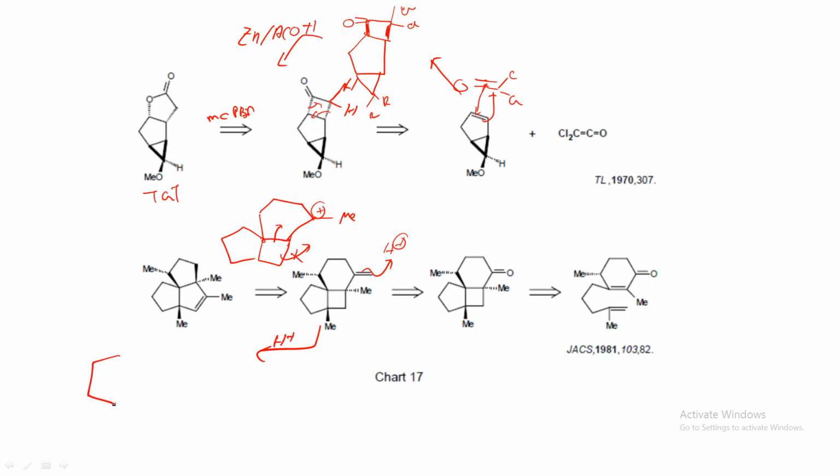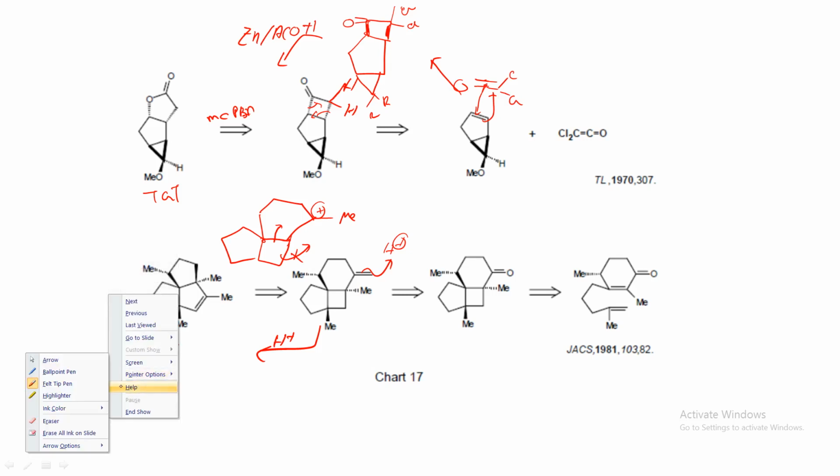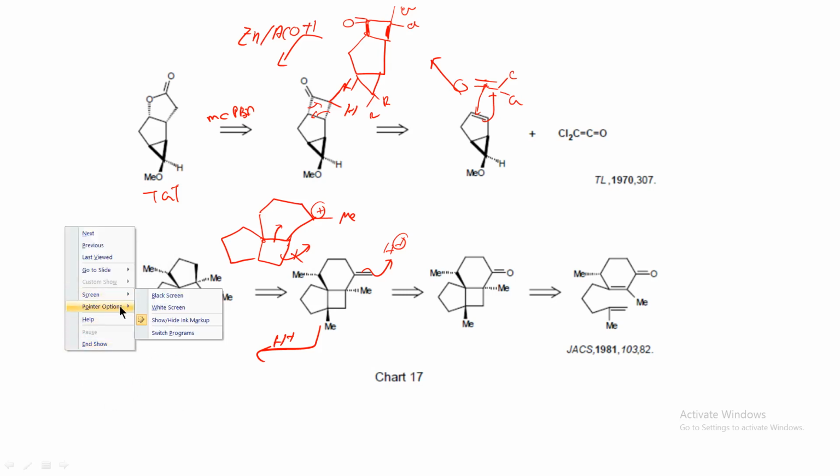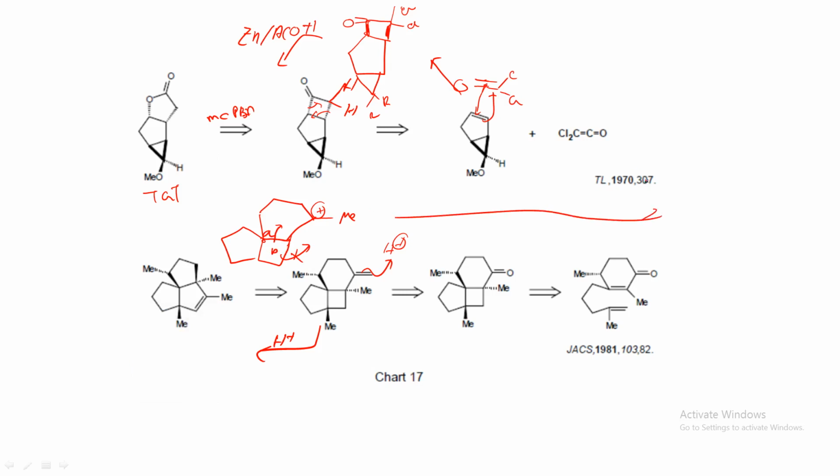So let me draw it. If this particular bond migrates, so 6 member, but... let's write it like A and B. So if B bond migrates, the product would be like this thing.